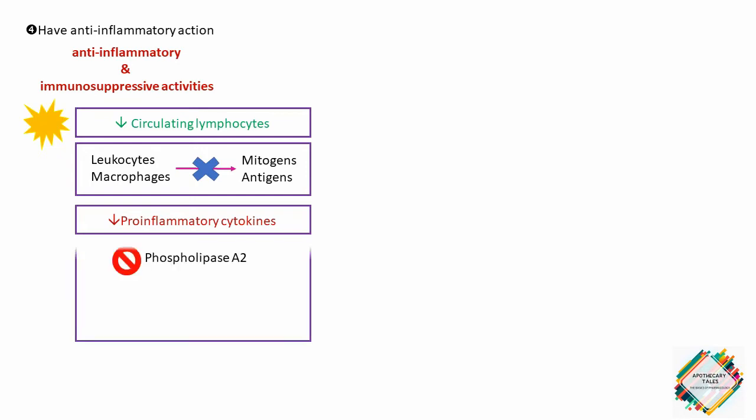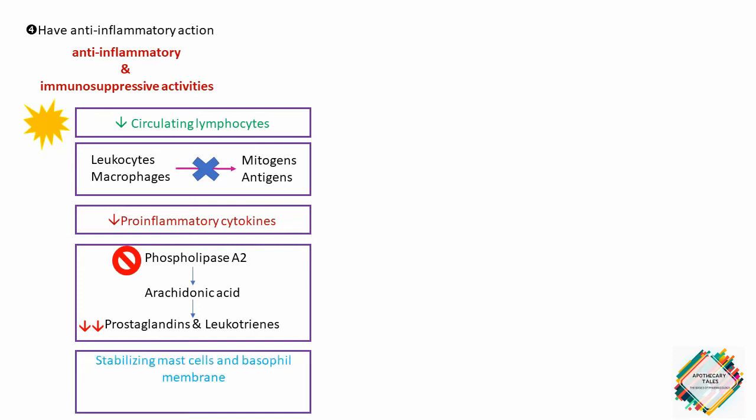They inhibit phospholipase A2, which blocks the release of arachidonic acid, a precursor of the prostaglandins and leukotrienes, from the membrane-bound phospholipid. The decreased production of prostaglandins and leukotrienes is believed to be central to the anti-inflammatory action. Lastly, these agents influence the inflammatory response by stabilizing the mast cell and basophil membranes, resulting in decreased histamine release.